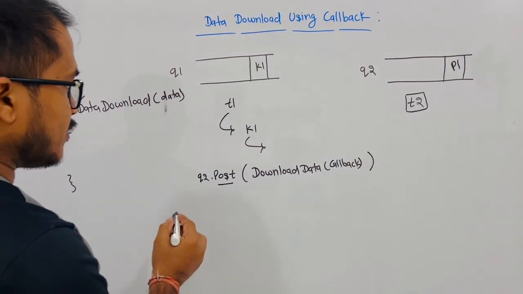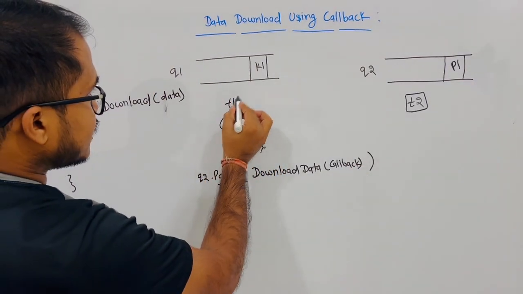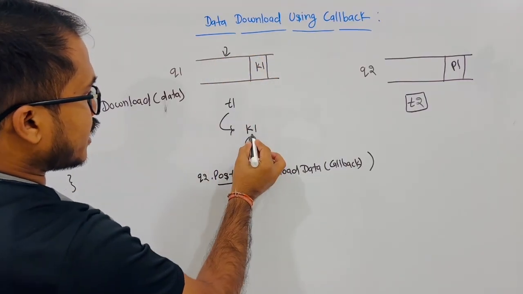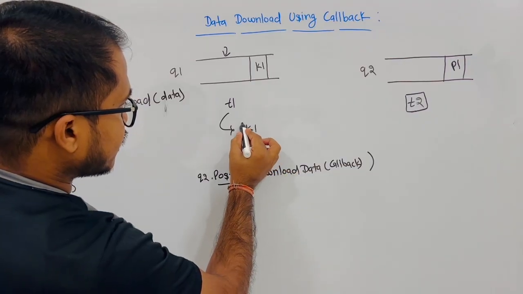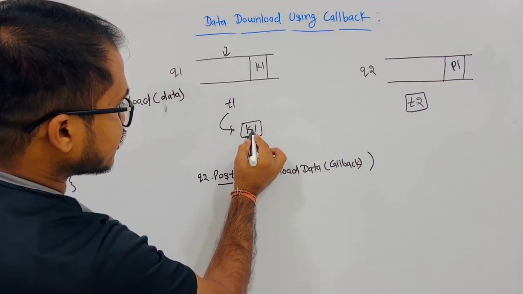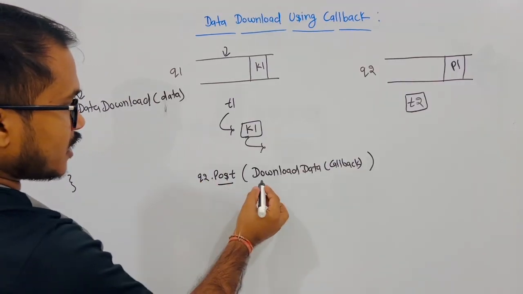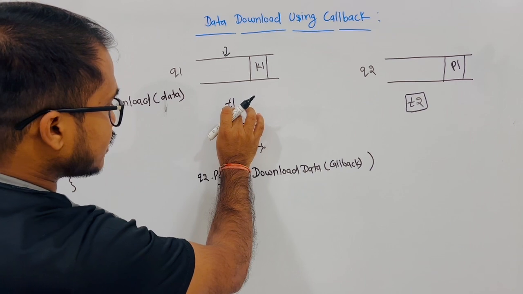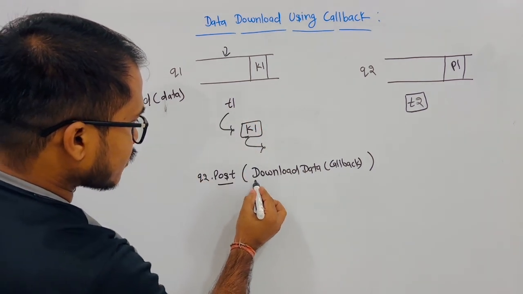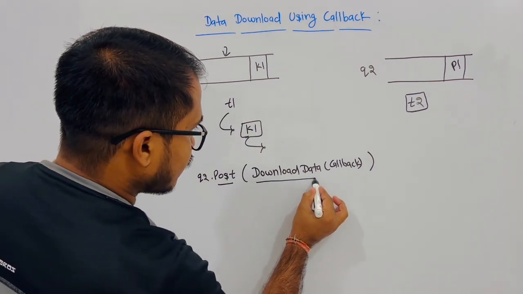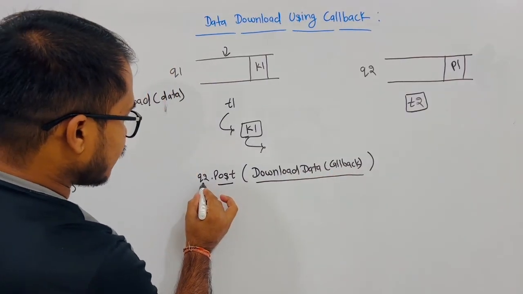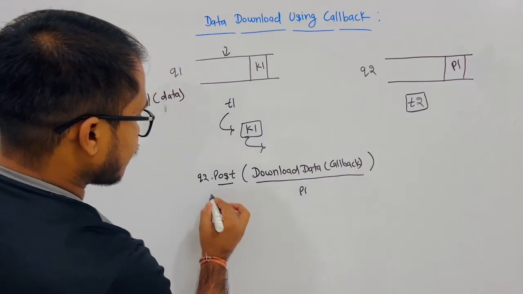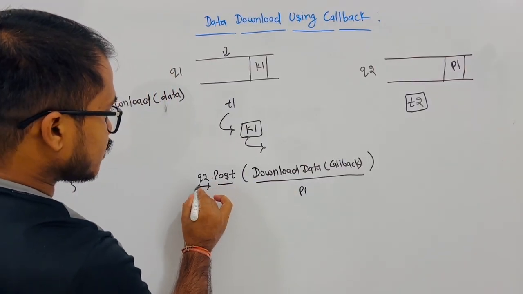So now what will happen is this T1 will fetch the task K1 from this task queue, and it will try to execute this task K1, and as part of executing this task K1, it will try to download the data. But instead of downloading the data using the blocking call, this will create the task of download data, and this will post this particular task, which I am calling as, let's say, P1, into the Q2's queue.